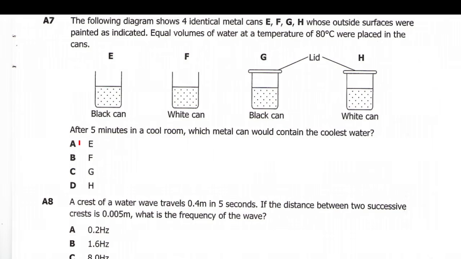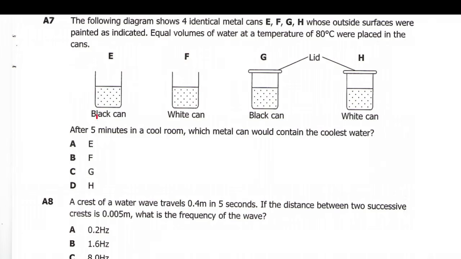Now the question reads, after 5 minutes in a cool room, which metal can would contain the coolest water? So here, what they're trying to do is, after putting this water in a cool place, we expect it to start cooling. So which one of these cans here will have the coolest water?